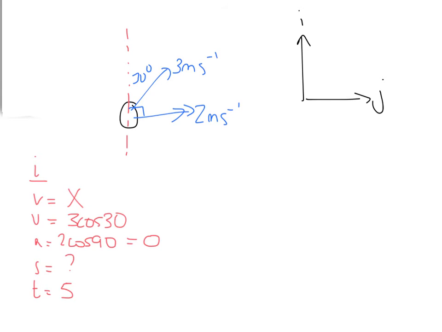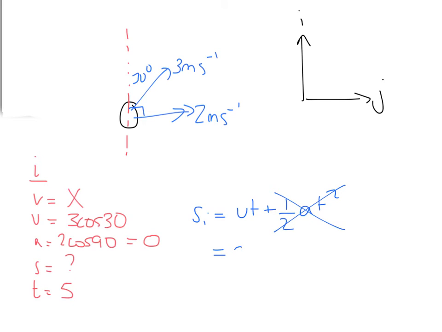So we don't know v, so we're going to be using this equation here. Like this, and because a is 0, we can forget about this term here, so it's just ut.